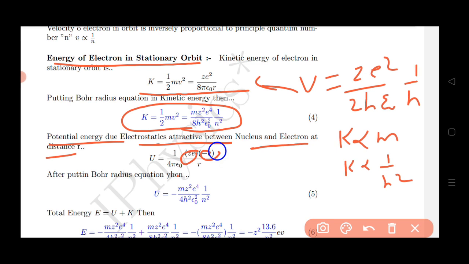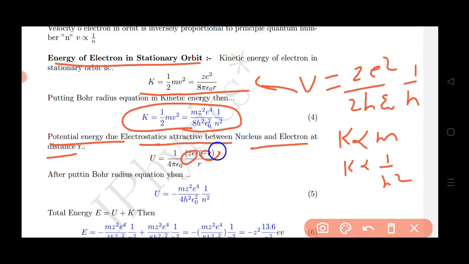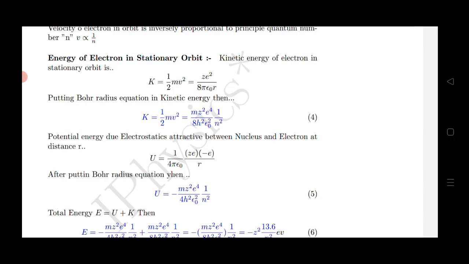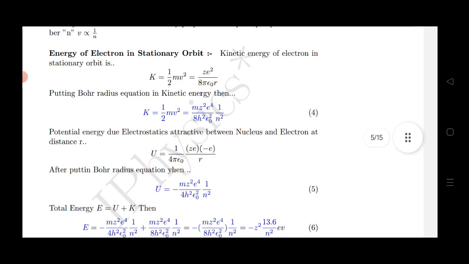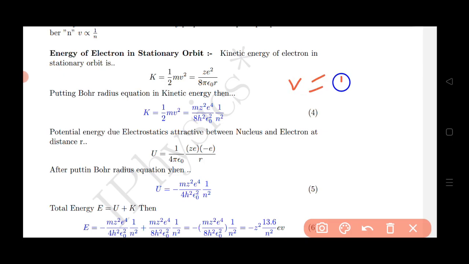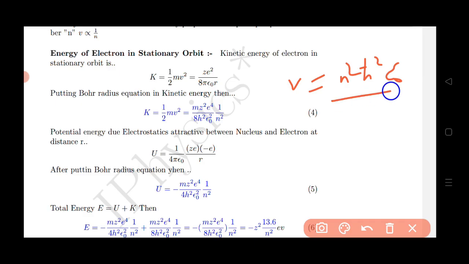And here put the value of r, r equal to n square h square epsilon naught upon pi m Z e square.